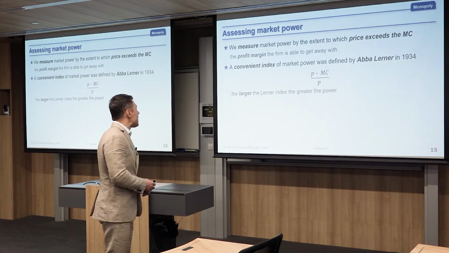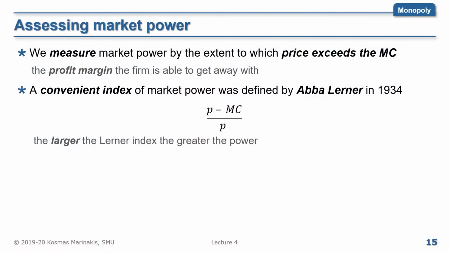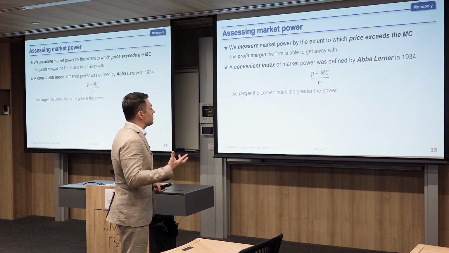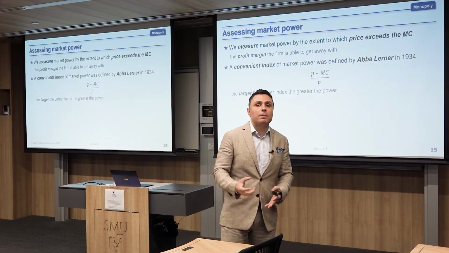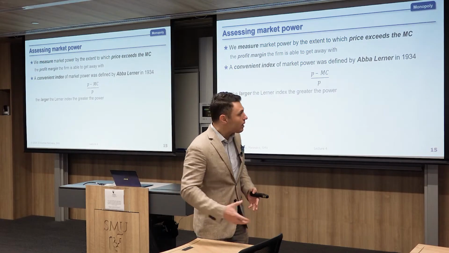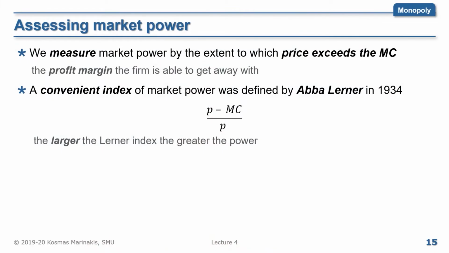Now, a convenient index of market power is the profit margin. This was defined in 1934 by Abba Lerner. It was a convenient way to define how much market power you have by what percentage above MC you can price. It's a way to measure the market power in different industries and to get estimates.